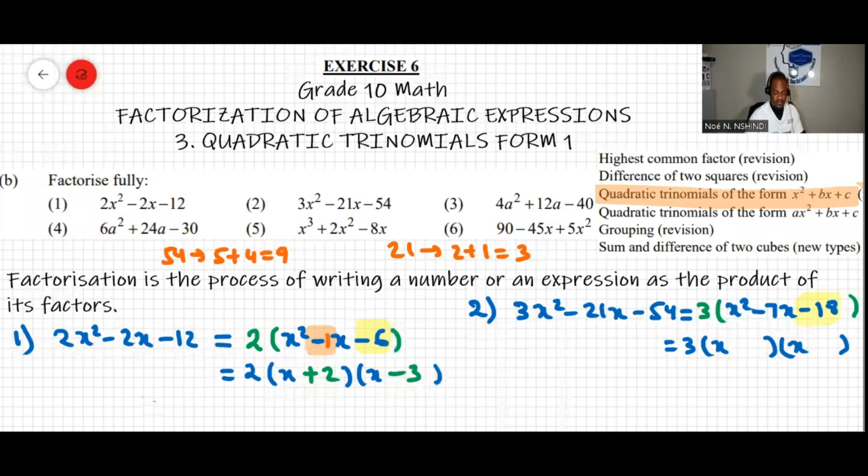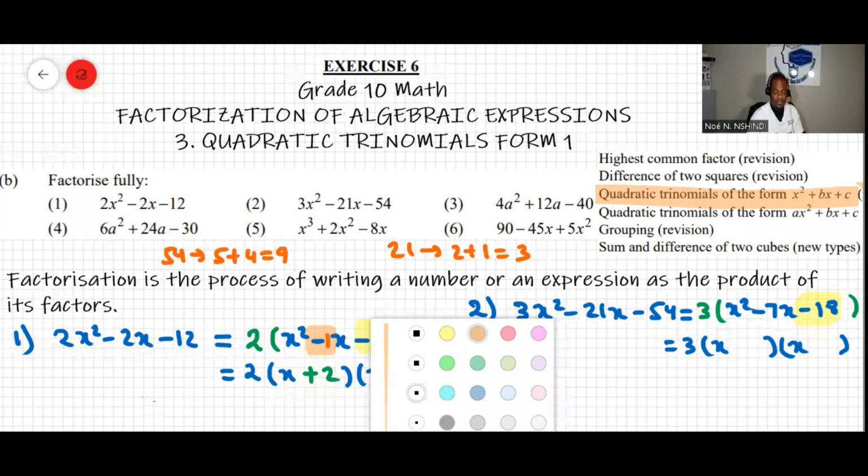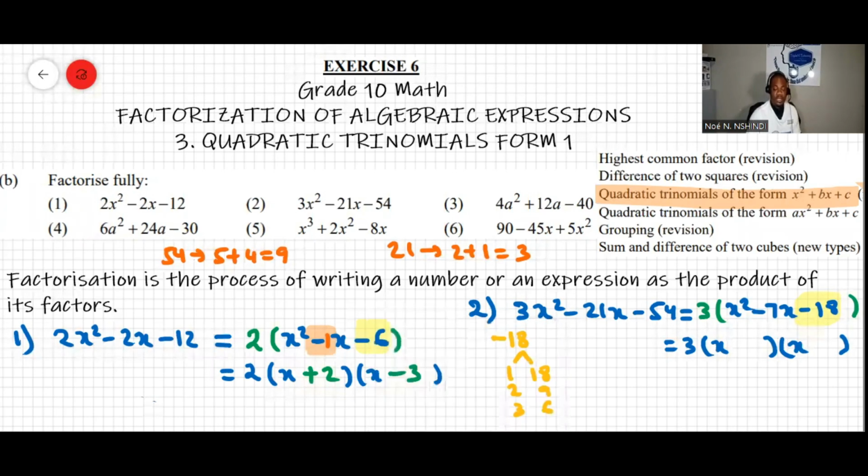I'm going to write -18 here. The factors of 18 are 1 and 18, 2 and 9, and 3 and 6. Now which couple in the list of factors of 18 will make a sum equal to -7?